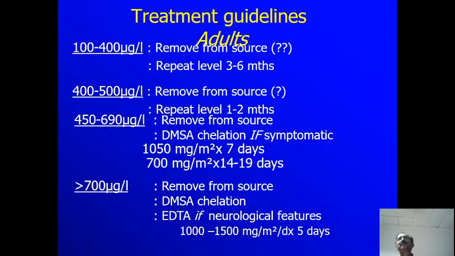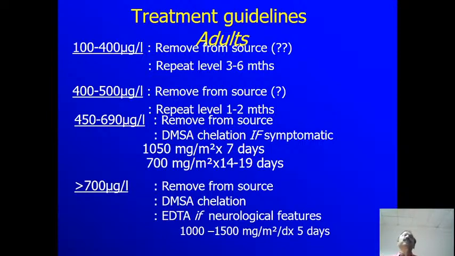If the person is sitting in a house which has paint peeling from it, you can identify it. But if he's got a lead-painted small room which is leaching paint, and he says that he is unable to repaint it or scrape it down and repaint it, it becomes very difficult. So removing from the source sometimes is a little difficult.